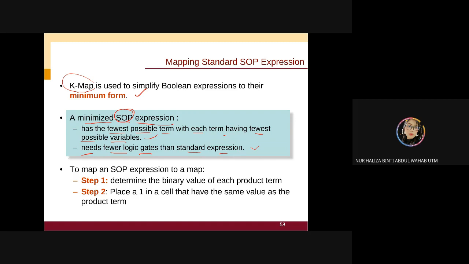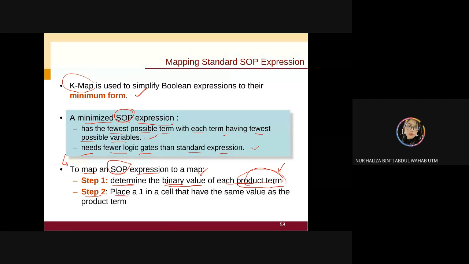And how to map a SOP expression. This one is SOP again. First, determine the binary value for each product term. This one is if you were given the Boolean expression. But if you are not given the Boolean expression, and you were only given the binary values from your truth table, you need to determine it.